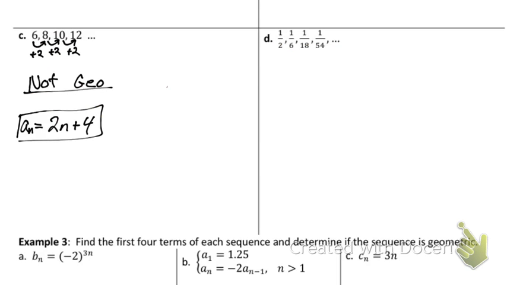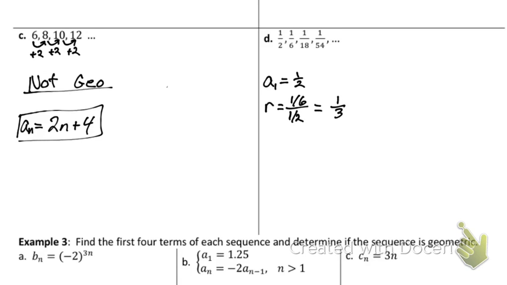All right, our next one is going to be geometric, but let's check. Our first term is going to be 1/2. Our common ratio is going to be 1/6 divided by 1/2. Keep, change, flip would turn that into 1/3.